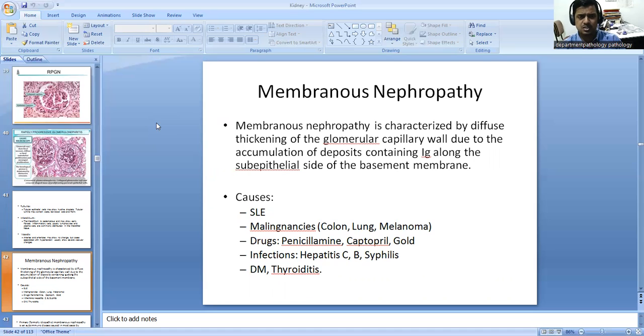Infections responsible for membranous nephropathy are hepatitis B, hepatitis C, and syphilis. Other important causes are diabetes mellitus and thyroiditis.